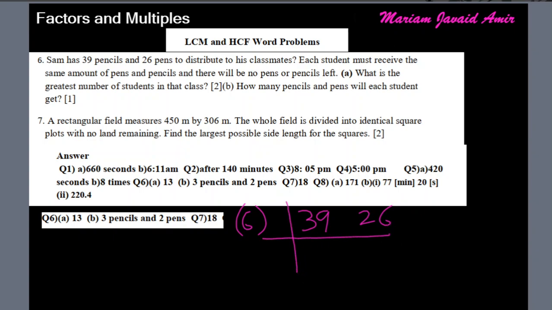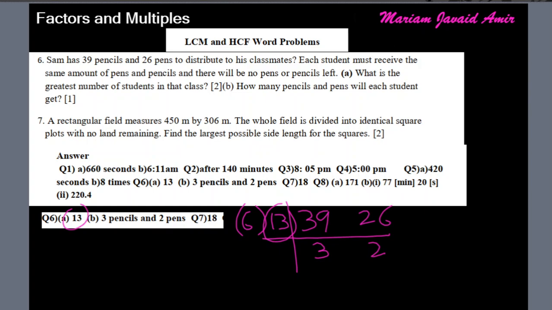Let's divide with 13 because that's the only possibility. 13 3s are, and then 13 2s are. Then we don't have any number that divides both 3 and 2 together. Since we're finding HCF, we stop here, and the HCF is simply 13, which is the answer over here.